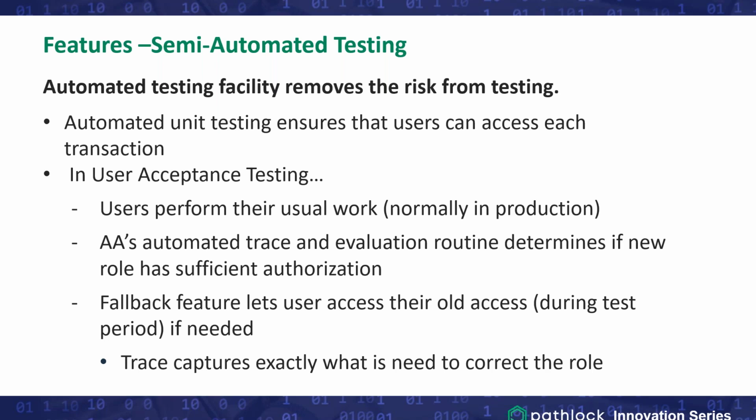But basically, it removes a lot of the risk from testing. As I said, the logic that goes into building the roles, if the user's on the list that's being evaluated, if they don't already have access to something, it's going to inactivate that access. So the tool is built to not give them more than what the representative users already have.